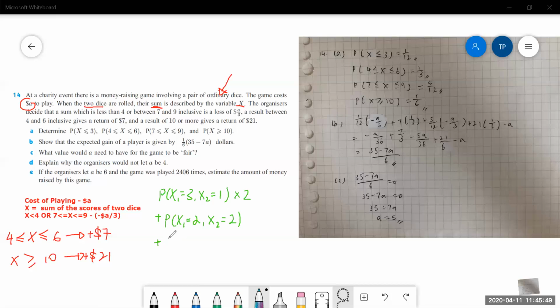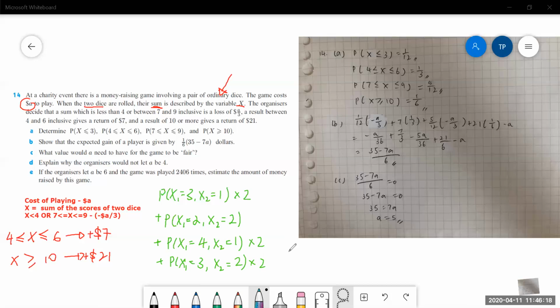To get 5, it will be probability of x1 equals to 4 and x2 equals to 1 times 2, plus x1 equals to 3 and x2 equals to 2 times 2. Any other ways? Nope.